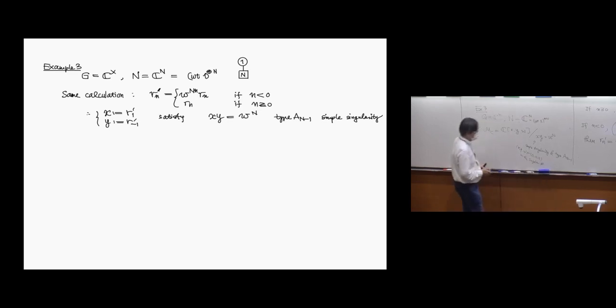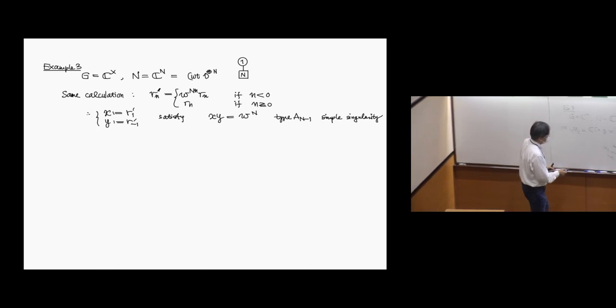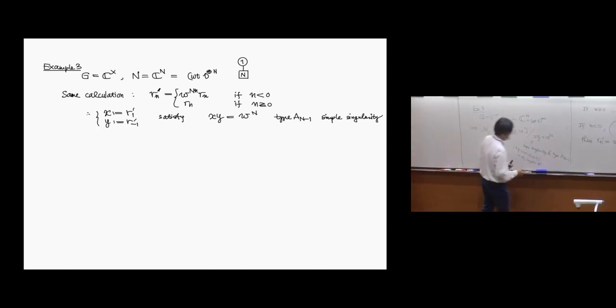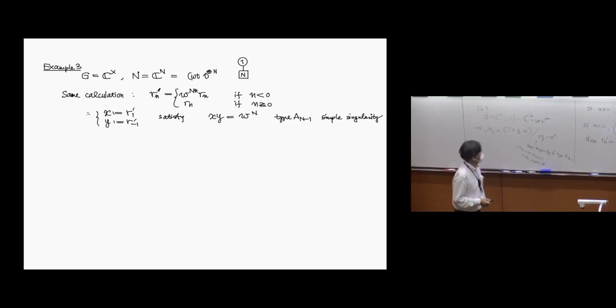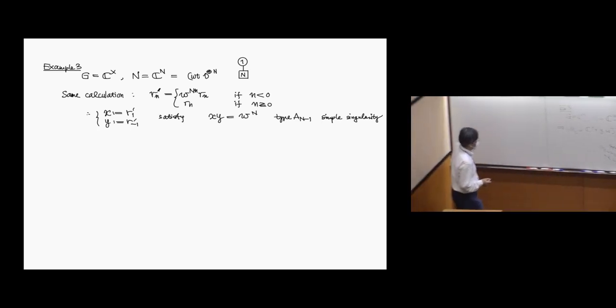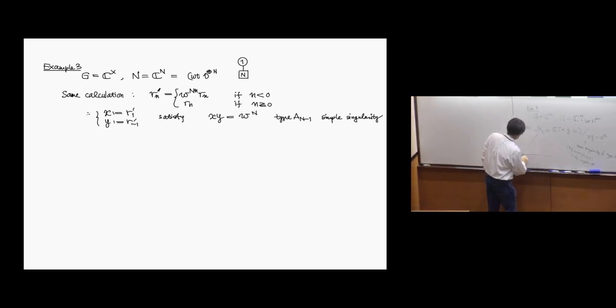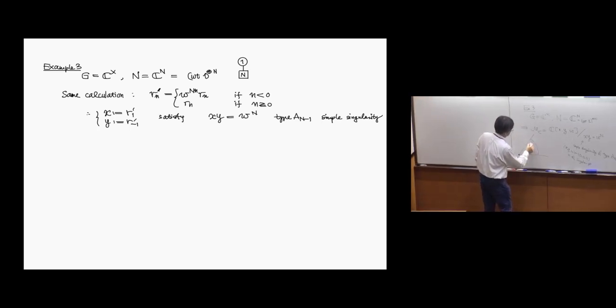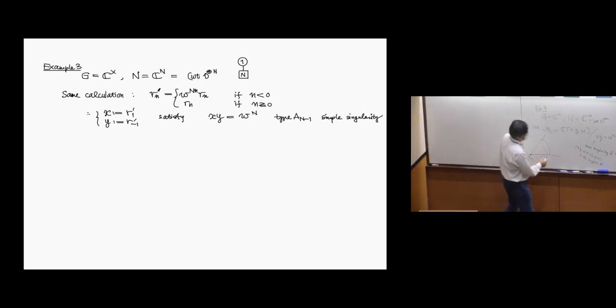For N equal to 2, this is a type A1 singularity. That is also the singularity for the nilpotent cone, which we saw in the morning lecture. So it looks very similar. I cannot draw the higher dimensional picture. This is the origin.